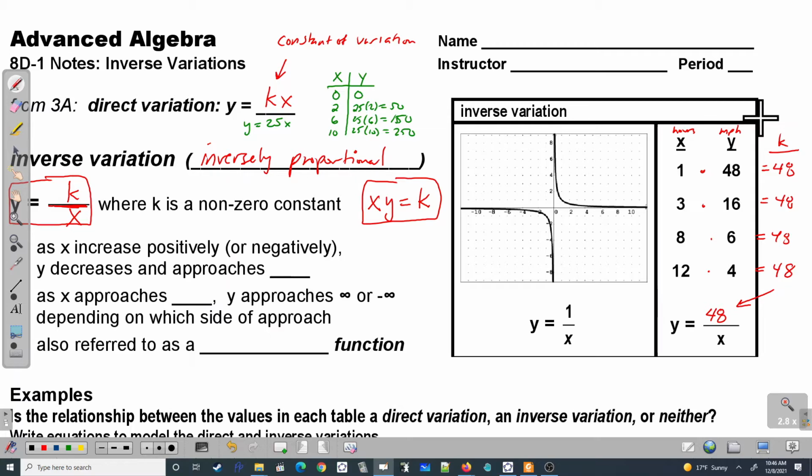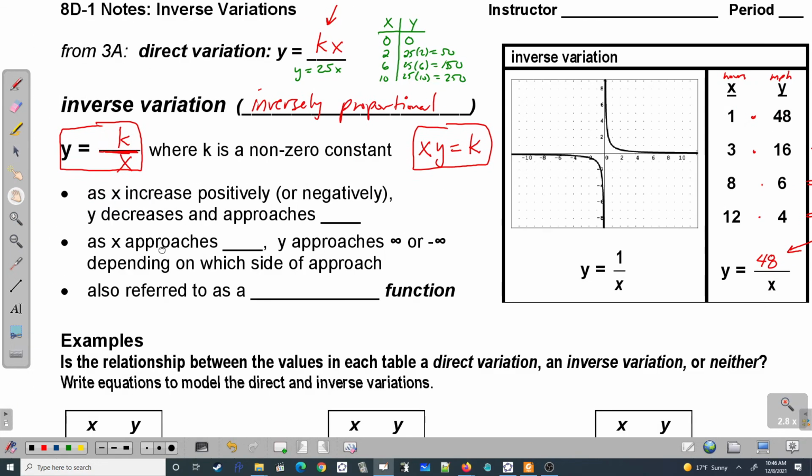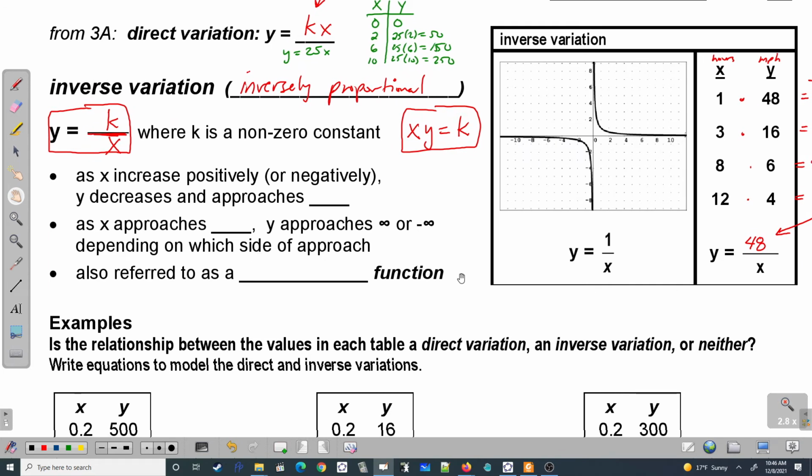So essentially, here's what ends up happening, and now this brings in some of the other concepts we talked about. As you increase your x's, y decreases and approaches 0. It's going to keep getting smaller and smaller. So again, another way to think of it is if you drive faster, it takes less time to get to where you need to go. Now, I'm not going to say that you're going to get to 0, but you're going to keep approaching it.